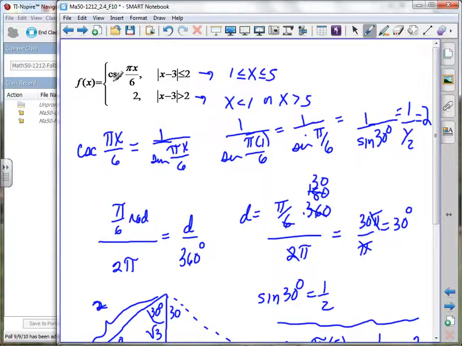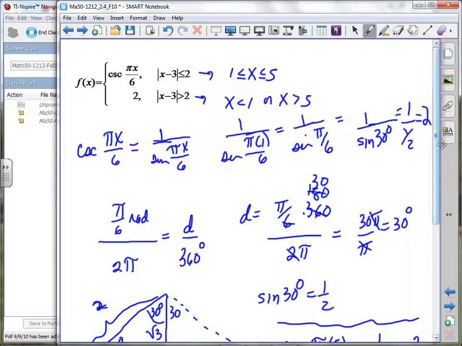If this is continuous in this interval, and we know that this linear function, this horizontal line, is continuous everywhere, so of course it's continuous in x less than 1 and x greater than 5, then this whole function is continuous because it never has any gaps. This is less than, but this is less than or equal to. So we know that when the input is 1, cosecant of pi times 1 divided by 6 is equal to 2, which is the same value as this. So these have the same value when the input is 1. It also has the same value when the input is 5.